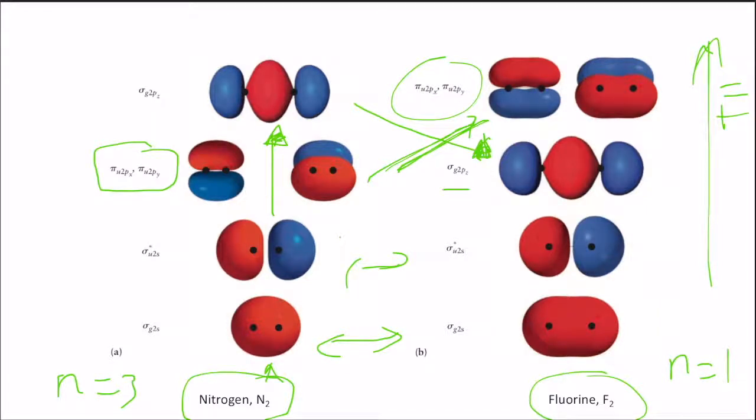So it would be much better had they drawn this at the same energy height and just show that this one moves down in energy, or conversely, that this one has pushed this one up. Okay, so a lot of details, but I hope that this gives you more information about why the order between the pi u's and the sigma g's related to the p atomic orbitals moves.